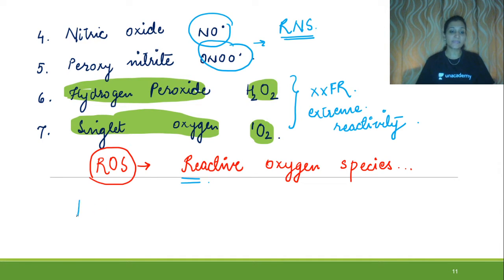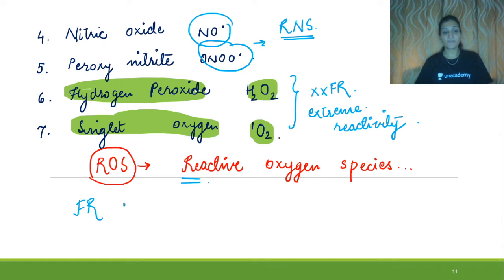So what else about these free radicals? They contain an unpaired electron in the outermost orbit, and that is why they are so reactive and ready to pair easily.